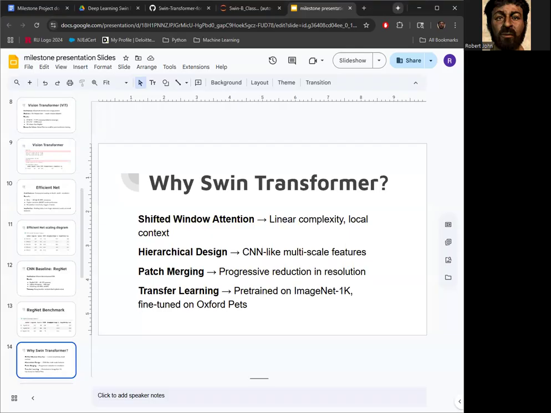Third, patch merging progressively reduces resolution, allowing deep layers to capture higher level patterns without exploding computational costs. Finally, we leverage transfer learning. Swin was pre-trained on ImageNet 1K and then fine-tuned on Oxford-IIIT, which is essential for getting strong results on smaller datasets.